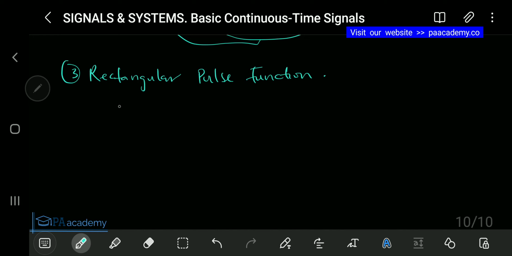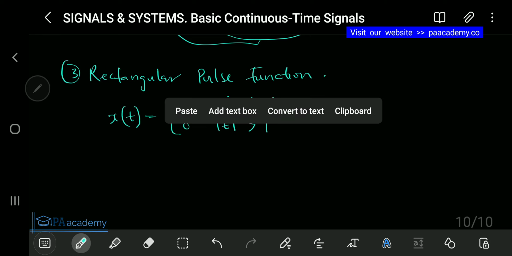So this is defined as, when we have our x of t, so our x of t is equals to 1 when the magnitude of t is less than or equals to t1, then 0 when the magnitude of t is greater than t1.